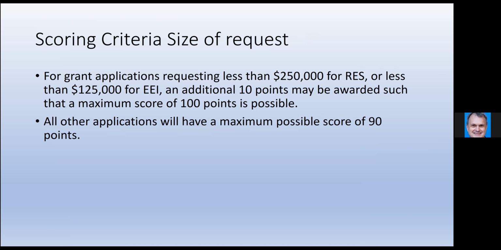Another simple scoring criteria is the size of the request. So if you're asking for less than 250,000 for a renewable energy system, or less than 125,000 for energy efficiency improvements, you'll get 10 more points. Okay.